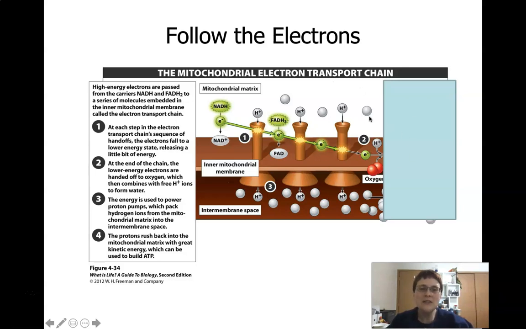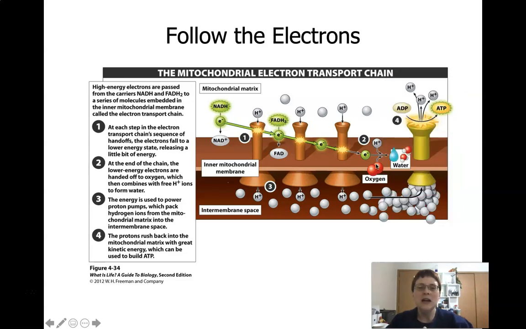When it gets down to the end, you can see one of those hydrogens is coming in, right? When it comes to the end, those electrons, the hydrogen, and the oxygen all combine together to make water. So this is where we get the water for cellular respiration.